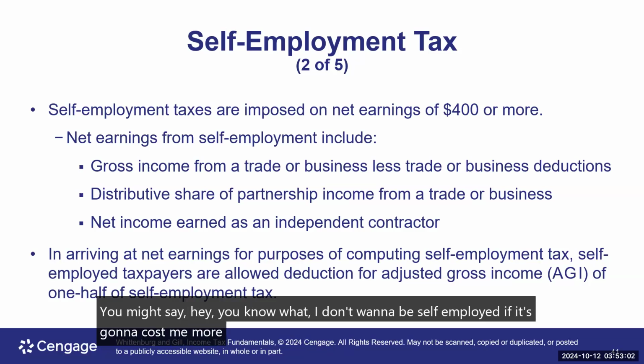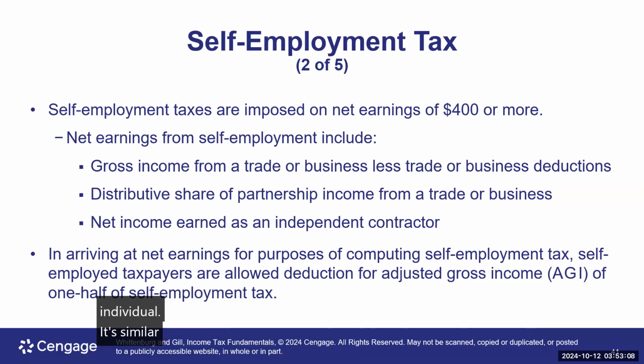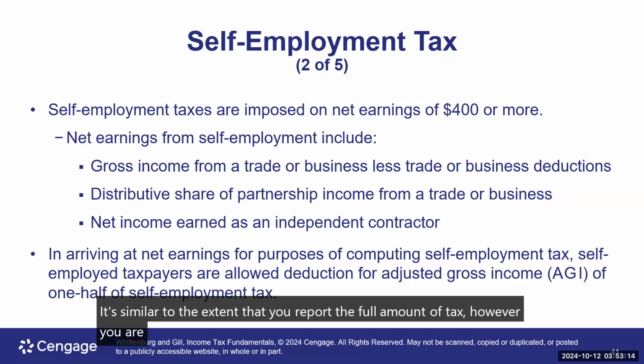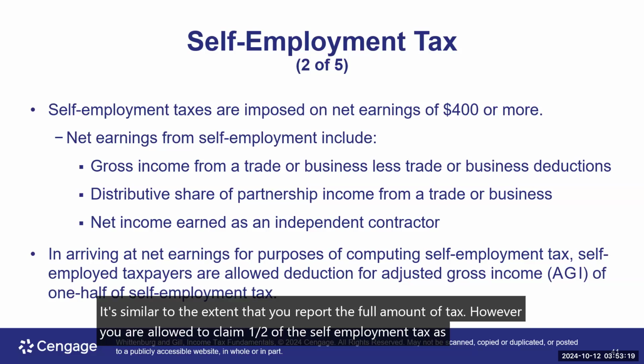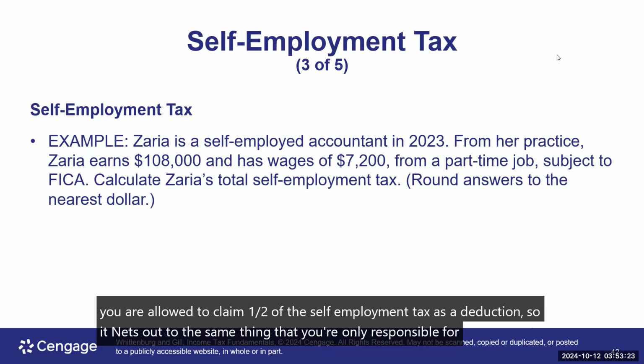So ultimately, you report the full amount of tax, however, you are allowed to claim 1/2 of the self-employment tax as a deduction. So it nets out to the same thing, that you're only responsible for 7.65%.